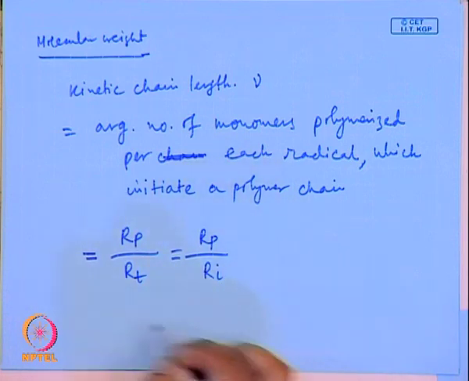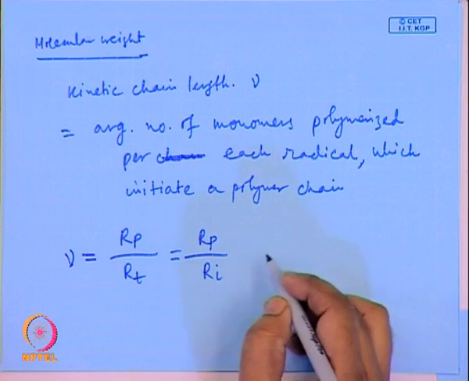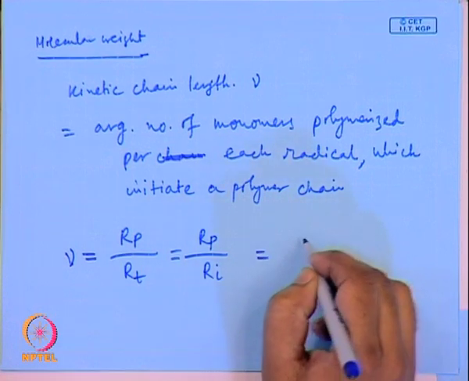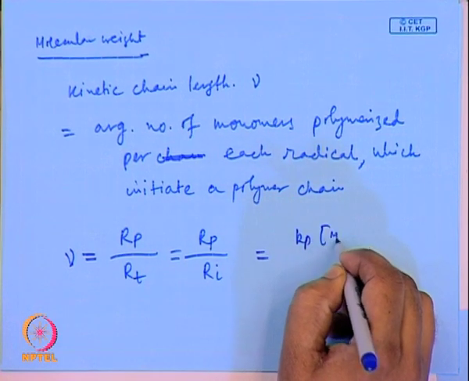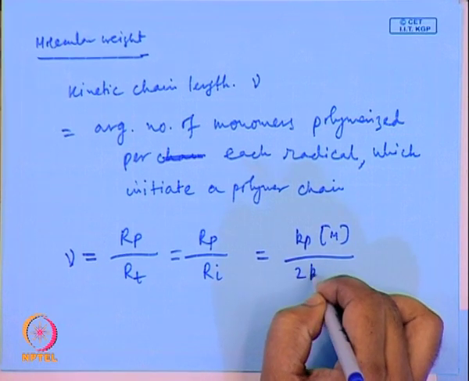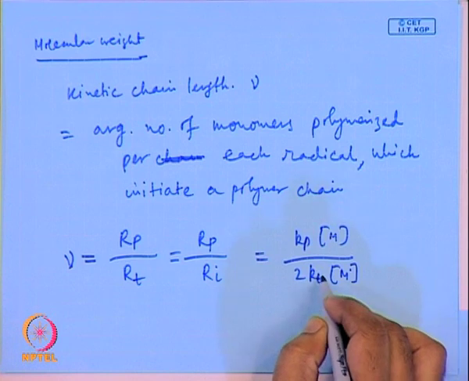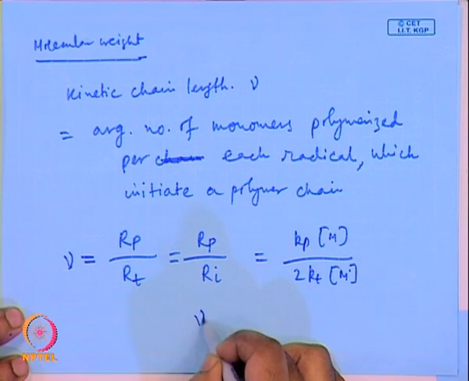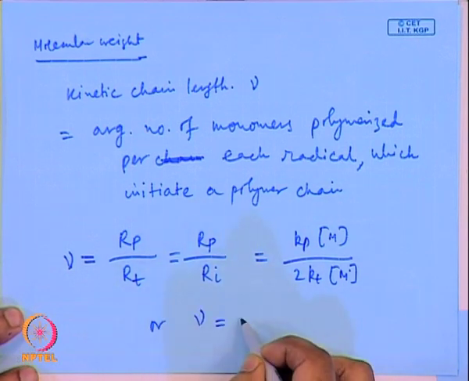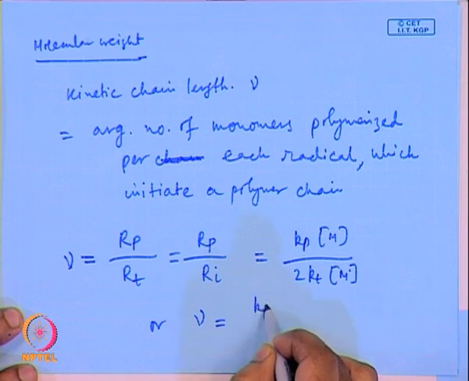So, we can write nu as kp[M], from the last expressions which we derived in the last few pages. We can write this as well.